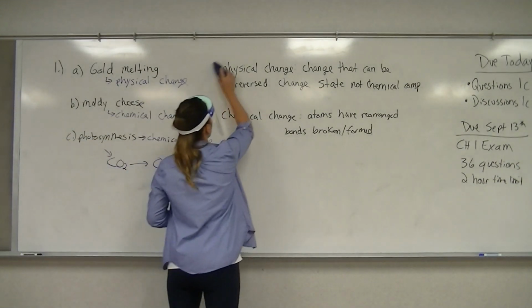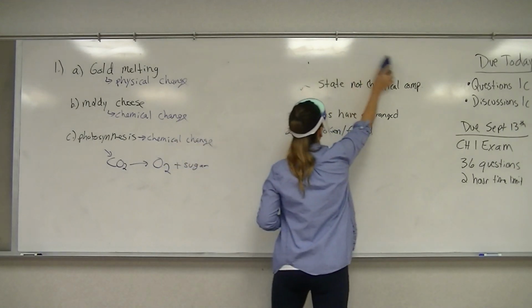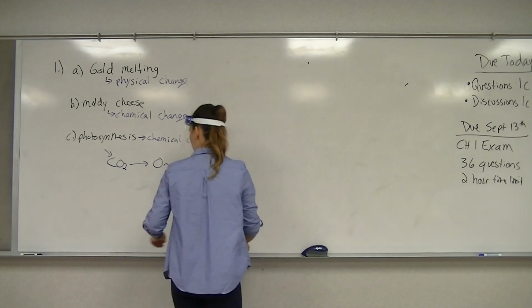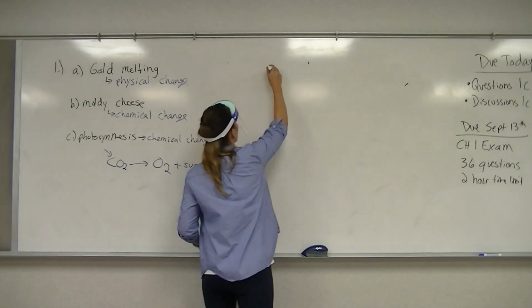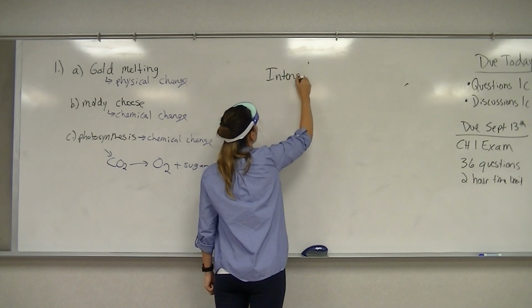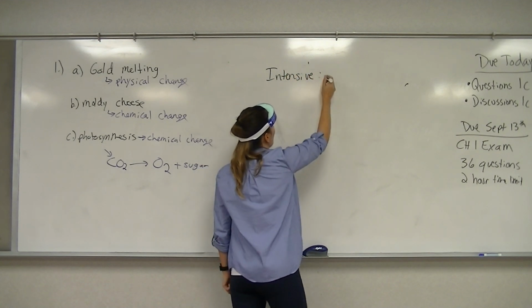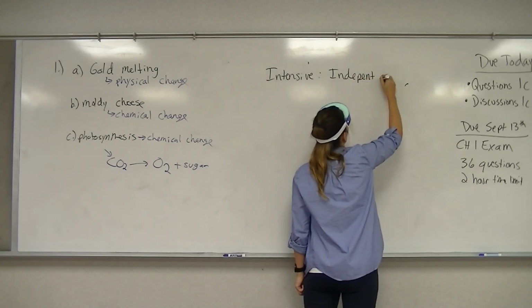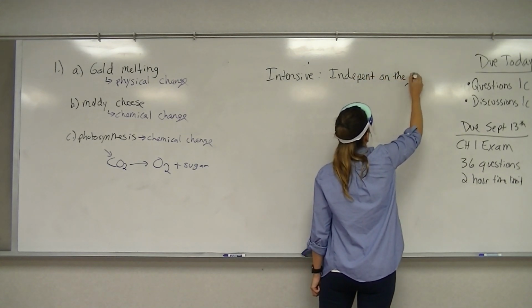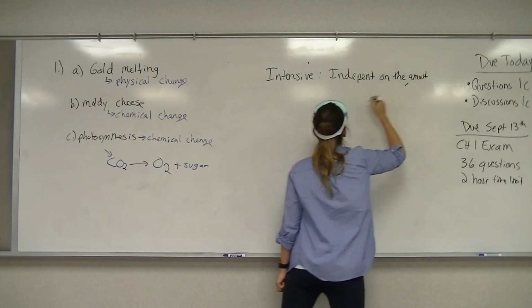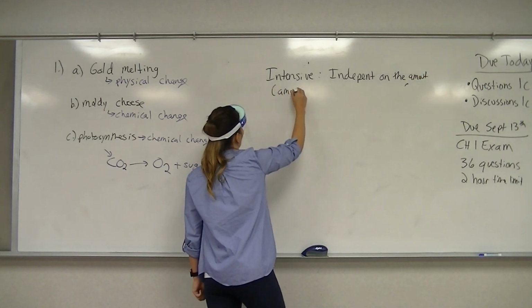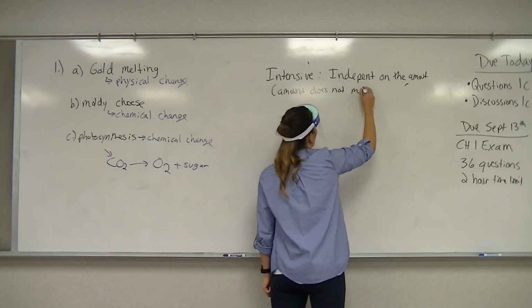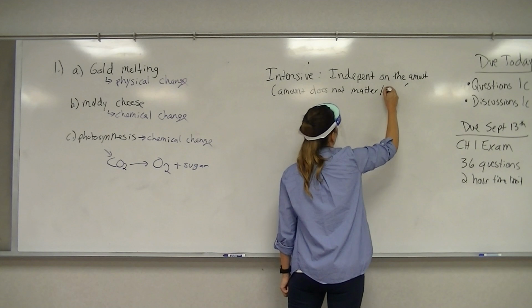All right, so next we'll look at intensive and extensive properties. An intensive property is independent of the amount. What this means is the amount does not matter, it does not affect.